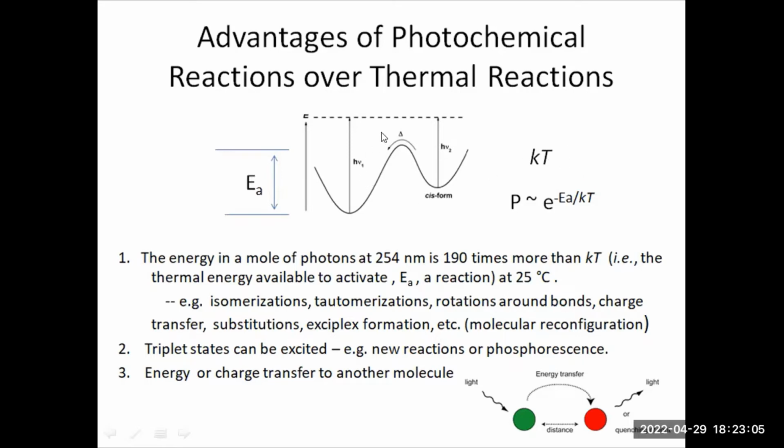So we have much more free energy to be able to go over this barrier. That's one of the advantages of photochemical reactions over thermal reactions. We can do many more transformations because we're not limited by the activation energy barrier. That comparison is at 25 degrees centigrade, comparing to the energy kT available at 25 degrees centigrade.